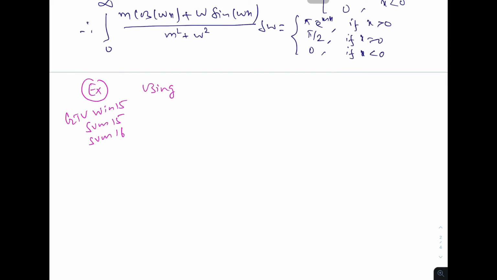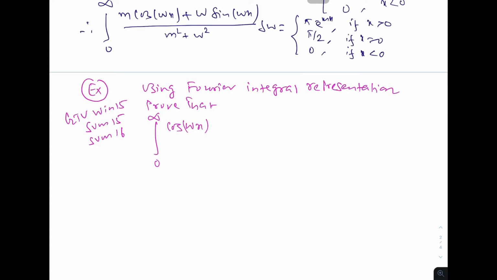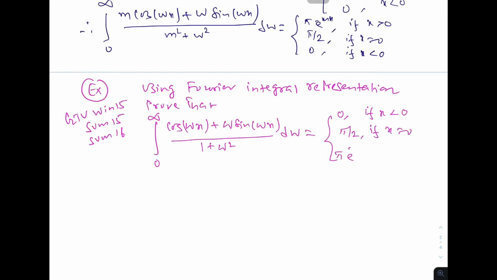The question is like this: using Fourier integral representation, prove that integration 0 to infinity of (cosine omega x plus omega sine omega x) over (1 plus omega square) d omega equals 0 if x less than 0, pi by 2 if x equal to 0, pi e power minus x if x greater than 0.